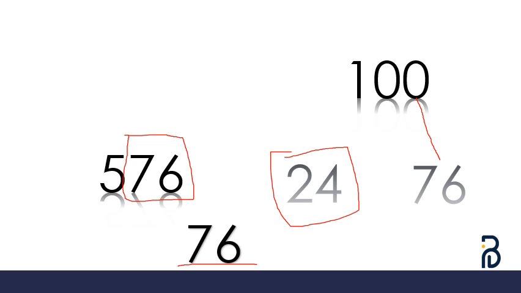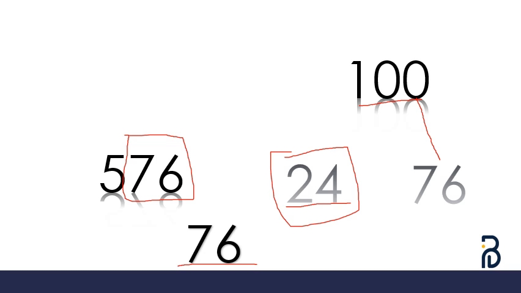I'll tell you what the steps to be followed are. First step is take the last two digits of the question. Next step is find the multiple of 50 which is closest to that number. In this case it was 100. Next step is find the difference between that number and the closest multiple. In this case, the difference between 100 and 76 was 24.